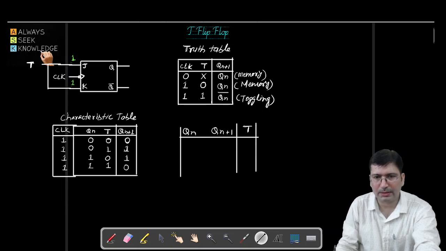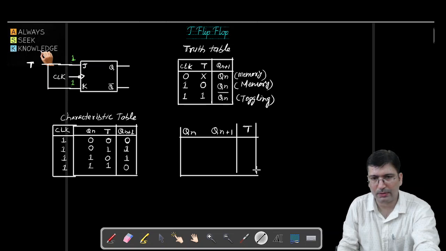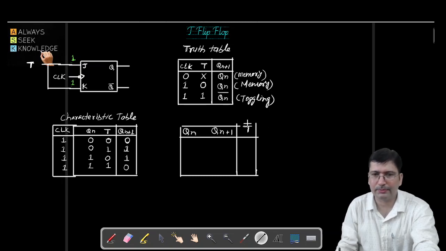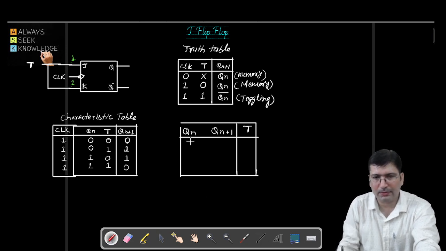In all the cases, the clock is high only, you need to consider. I'm not writing the clock values here, right? Now here you get the 4 combinations, so 0 0, 0 1, 1 0 and 1 1.